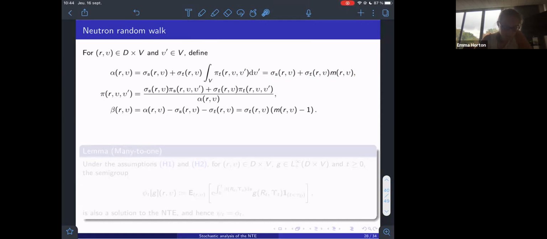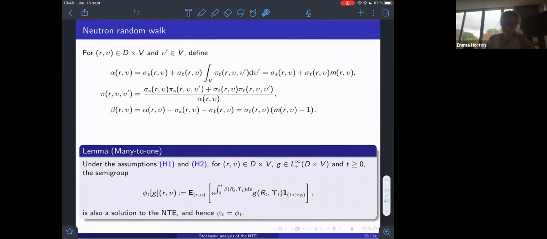And for the density, this is described by a mix of the scattering density and the fission density. But it's normalized by this quantity alpha, this rate alpha, to make it a probability density. And then beta is given by the fission rate times the mean mass produced at a branching event minus 1. And I'll describe what this corresponds to in a picture on the next slide.